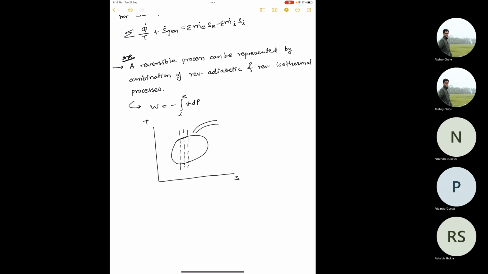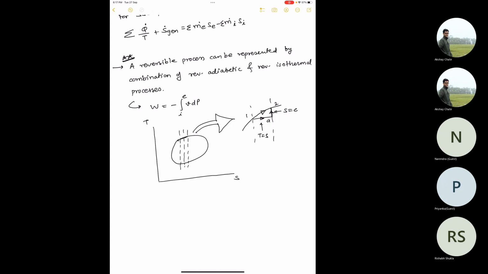If you zoom in on this area with infinitesimally small slices, the variation will not be visible to the naked eye, but it may look something like this. If you take one slice, you can represent this process using these two lines. If you're going this way, 1 to 2, you can represent it as 1 to A and A to 2. This will be a constant temperature process, and this will be a constant entropy process. So basically you can represent a reversible process with a combination of these two.